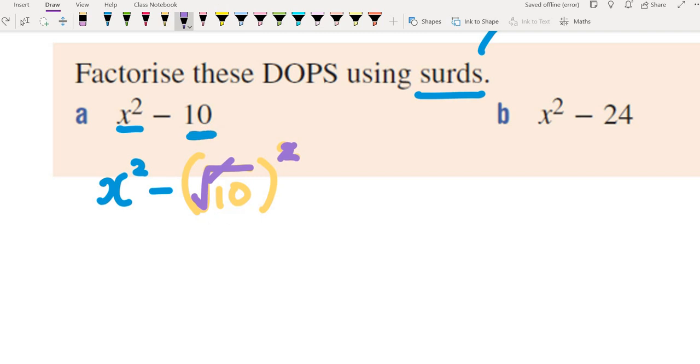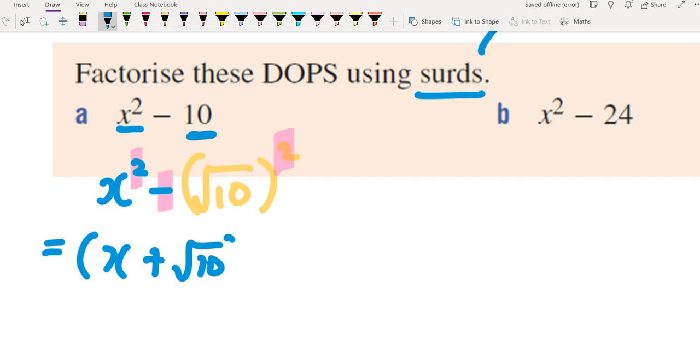So we're just manipulating this number 10 and turning it into square root of 10 squared, which is the same as saying 10. But in this way, we get to use DOPS because we have something squared minus another thing squared.